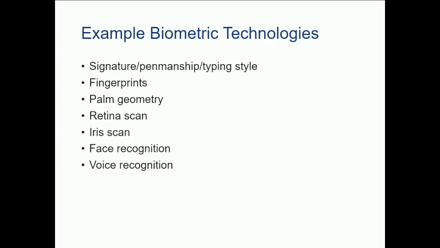This is a partial list of the biometric-based authentication techniques used in practice. We are pretty familiar with fingerprint and face recognition, all because of the iPhone. And for signature and typing style, in forensic analysis we use the signature, the handwriting, for user authentication.